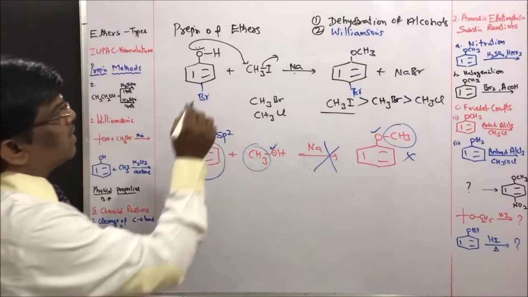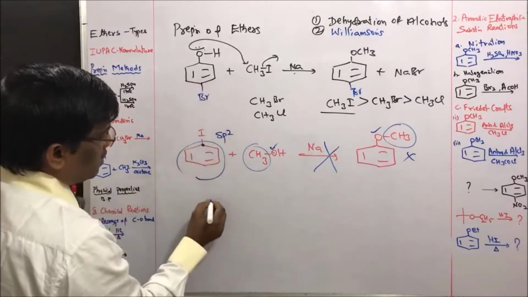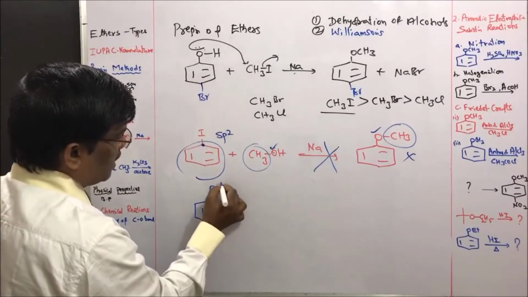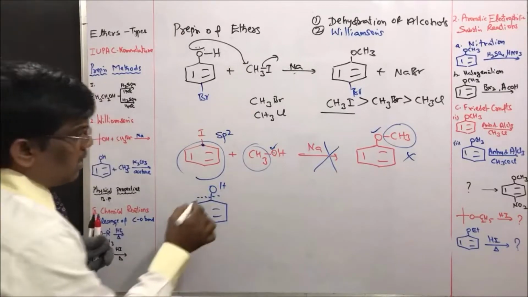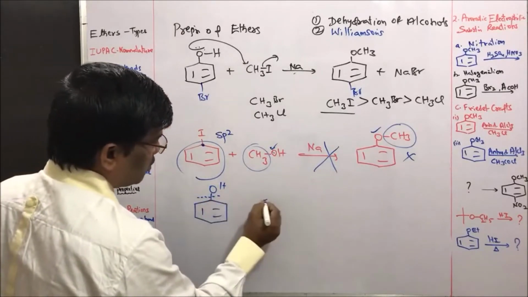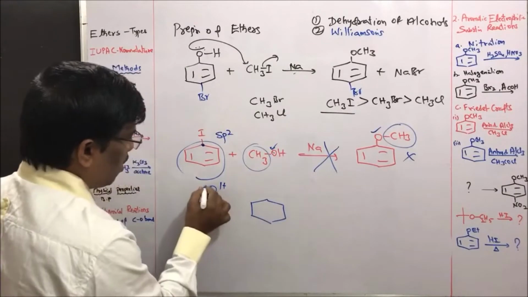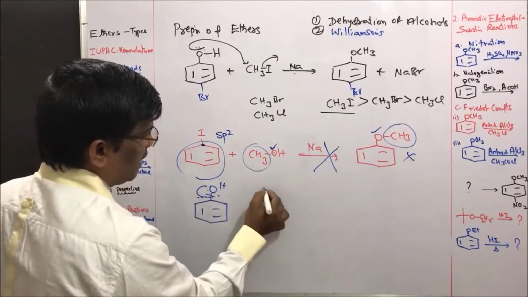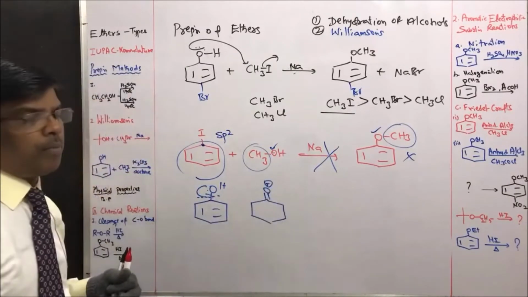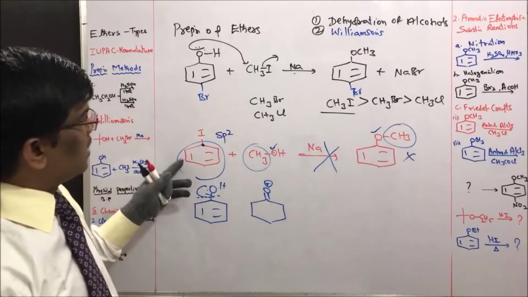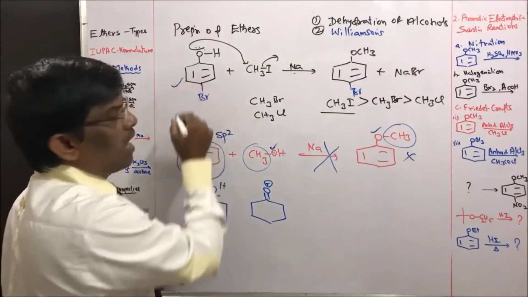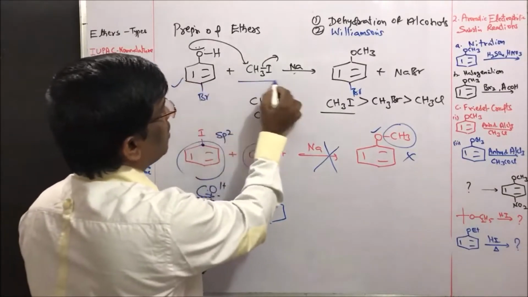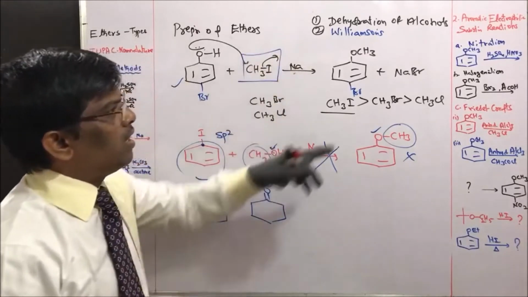However, the usual way is that phenols will not break this bond, because this oxygen bond is going to have double bond like character. Yes, I have explained this in the phenols chapter. That is why we use phenol as the starting material, and for whatever the other ether you want to make, use this side.